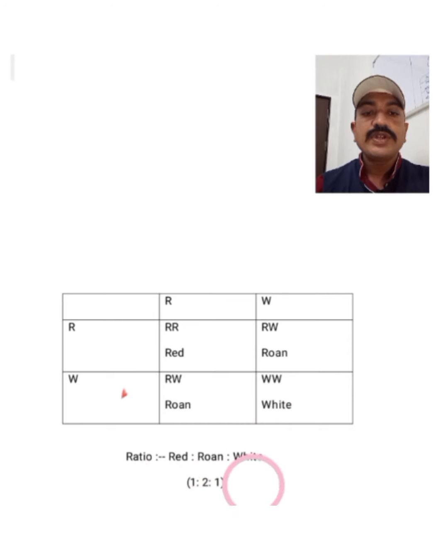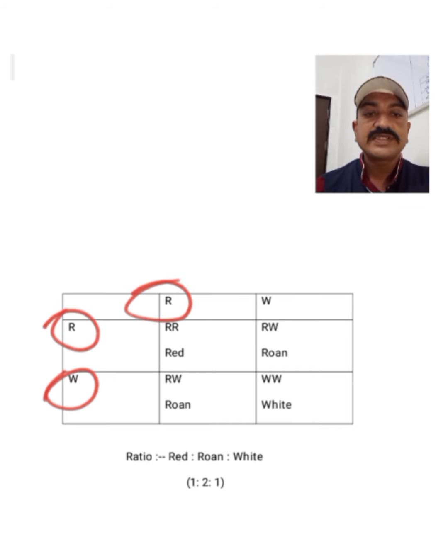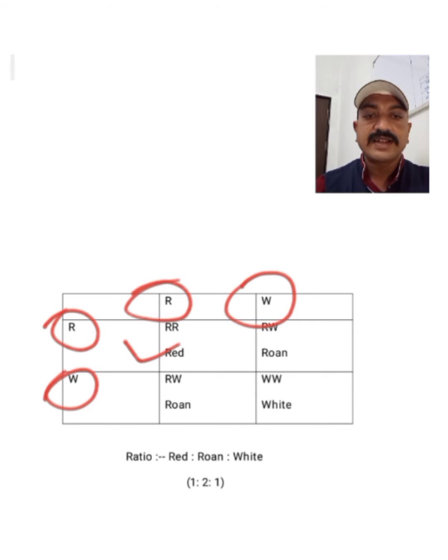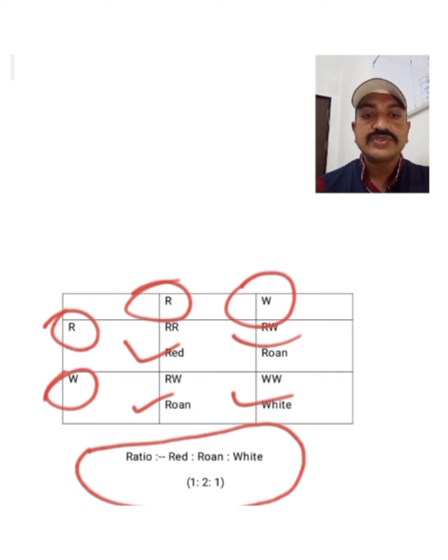As the roan individual produces capital R and capital W gametes, and the other individual also produces capital R and capital W gametes, the combinations produce red, roan, and white in a ratio of 1:2:1. So that is the example of codominance.